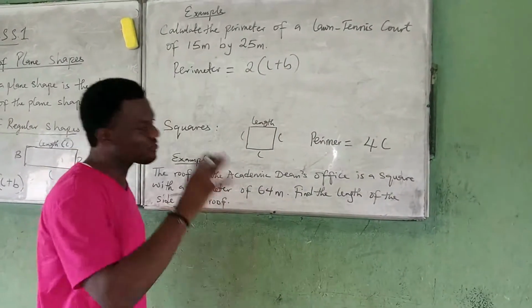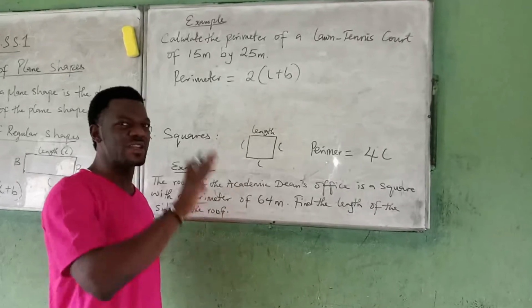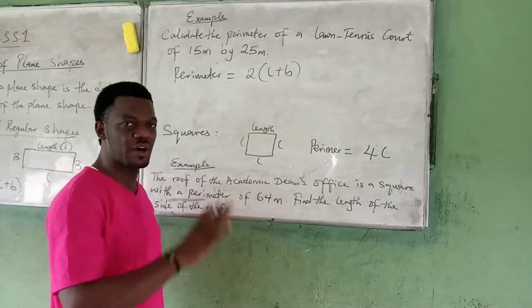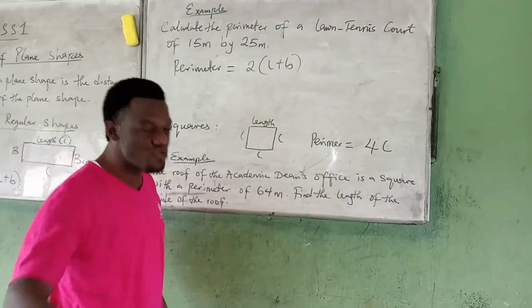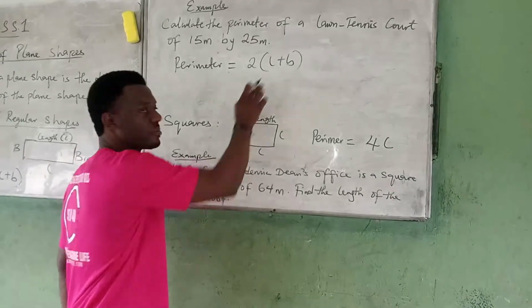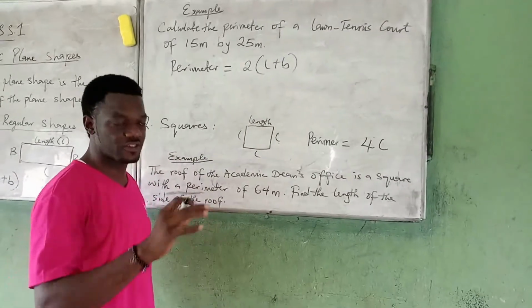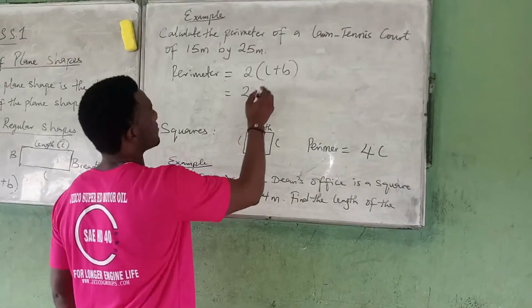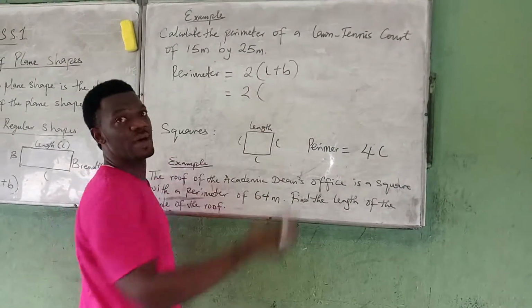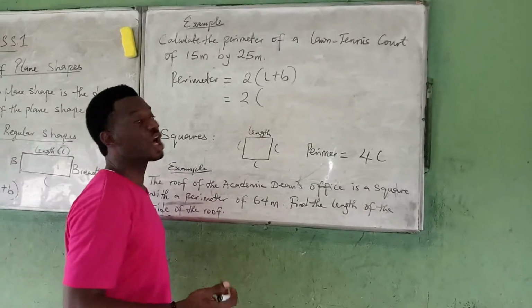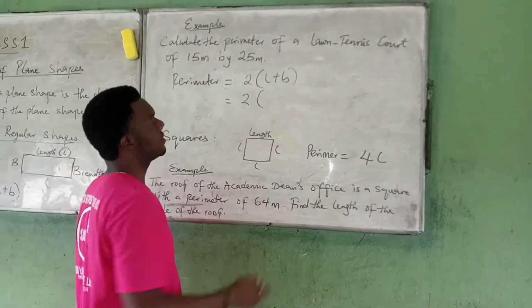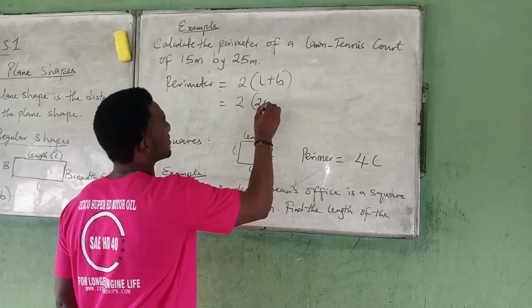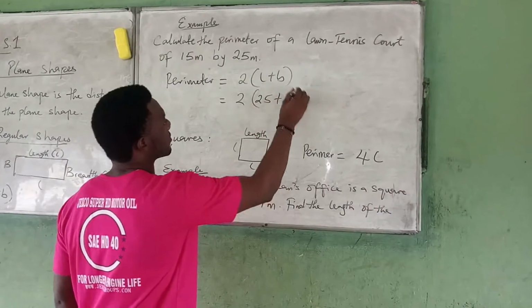You have to get this formula. This is the formula anywhere you are solving perimeter of rectangles anywhere in the world, 2 bracket L plus B. From what we have here, our length is normally the longer side, so the length is 25 and the breadth is 15.